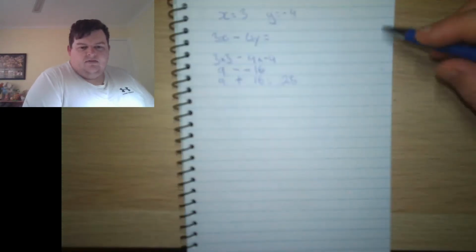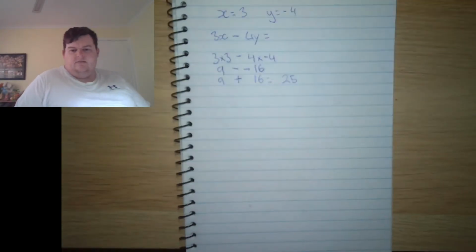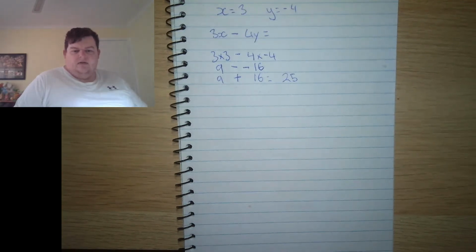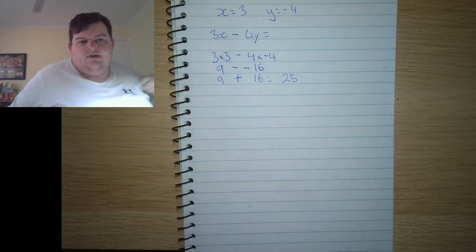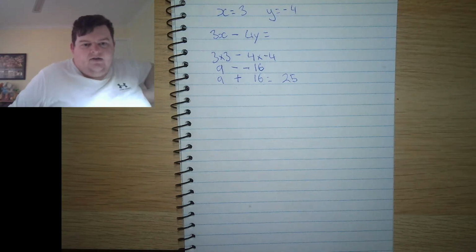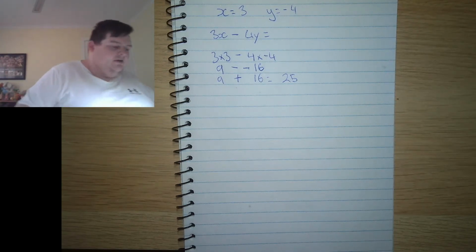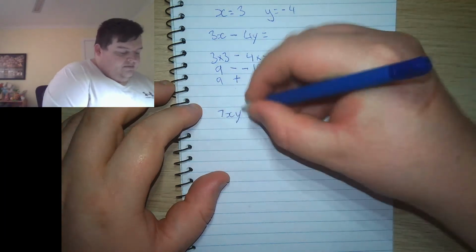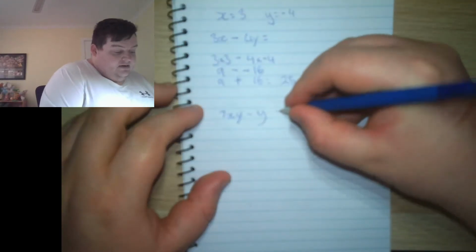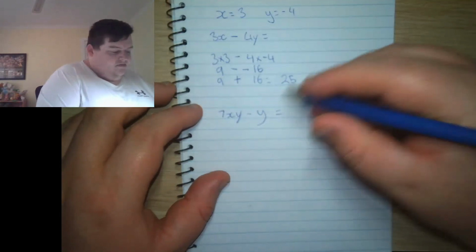So that's the general idea. I don't think you'll find anything much harder than that on these worksheets that I've attached. So you might get something like 7xy minus y. What does that equal?